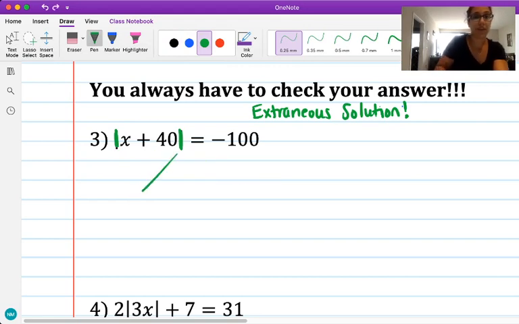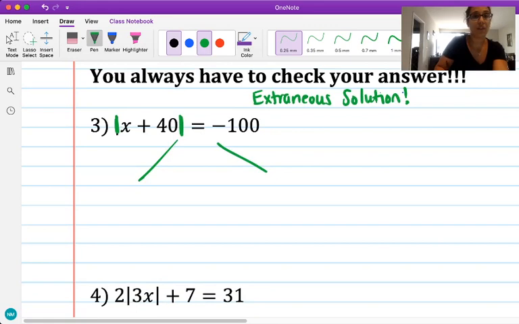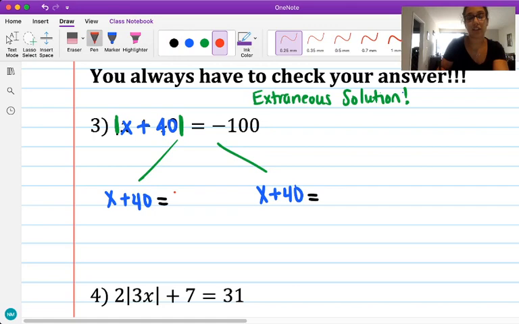I'm going to take what's inside of here, x plus 40, and set x plus 40 equal to the positive and the negative of this number, 100 and negative 100.